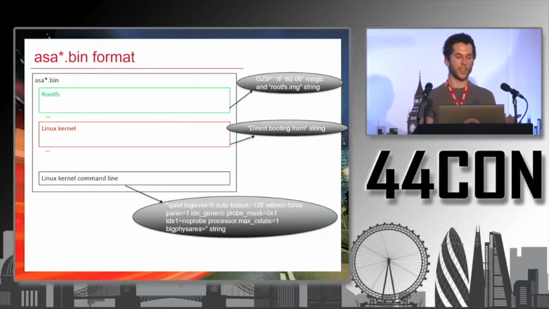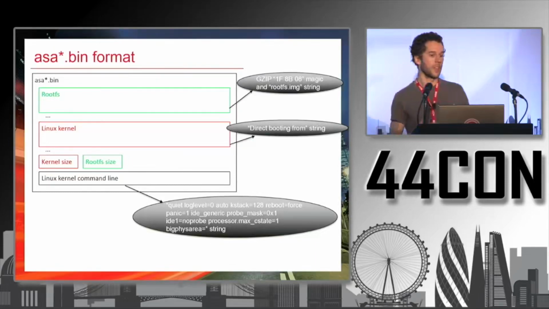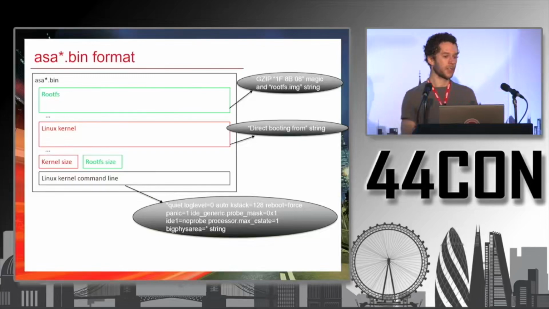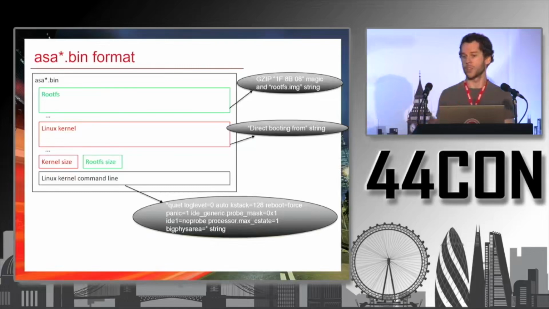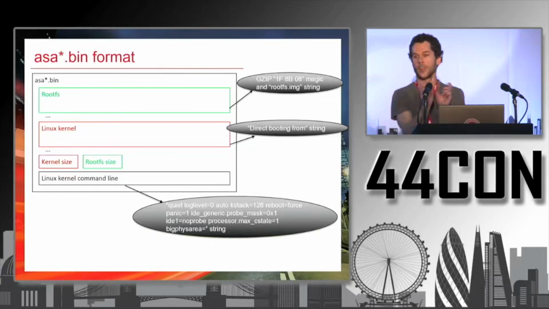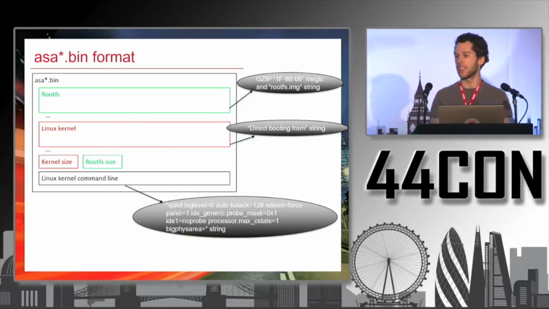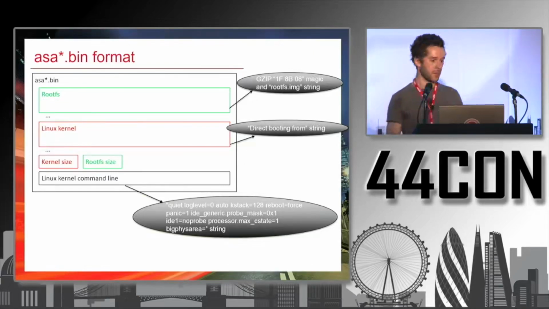Before this Linux kernel command line, you have two integers, which basically correspond to the kernel size and the rootfs size. It's not documented, but you can figure that out just because binwalk gave you the file, so you can figure out the size of the actual gzip, and then figure out where it's stored somewhere, and then see, oh, those are the two next to each other. I'm pretty sure it's the size, and then you can just test modifying them and see what happens.